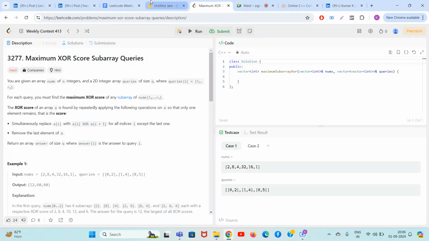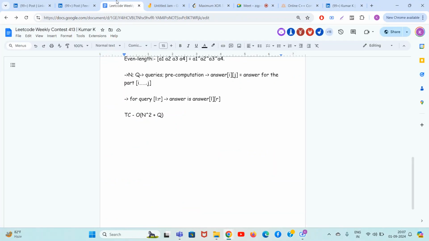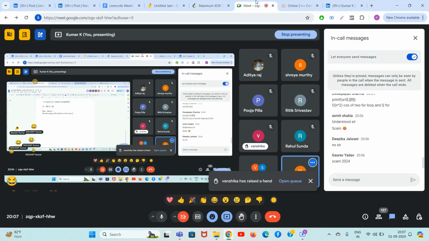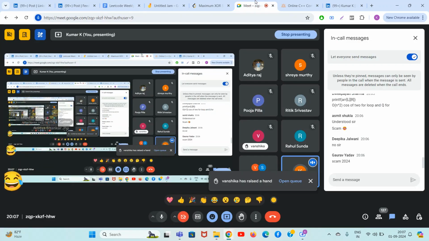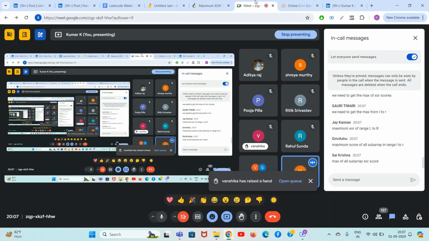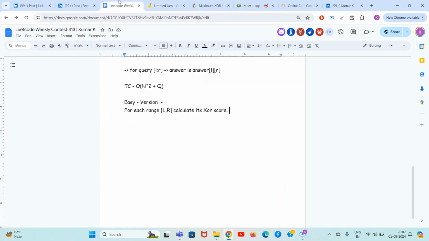So guys, the hard version is what you have to tell me. I will not tell. Tell me what is the difference between the hard and easy version. You should know what the difference is between the two, between what we just did and the question being asked. Write in the chat. Hard version is what?